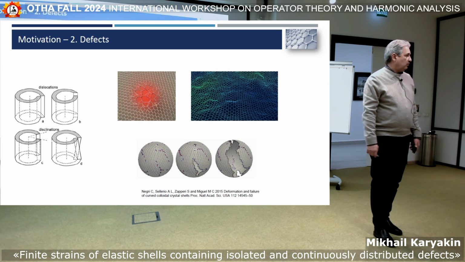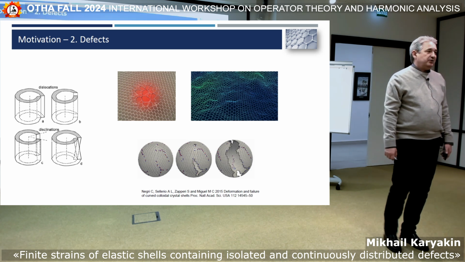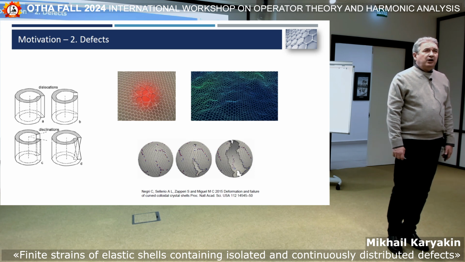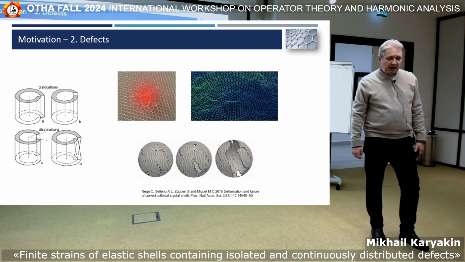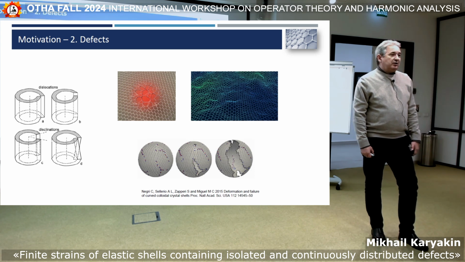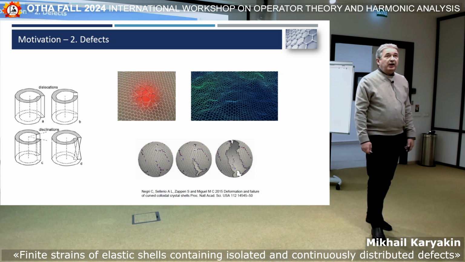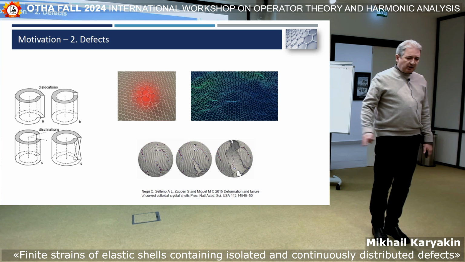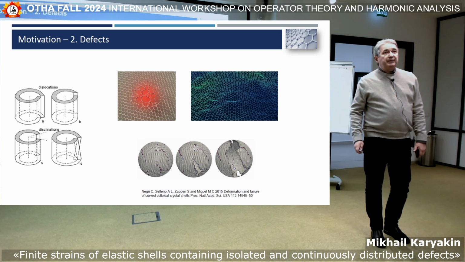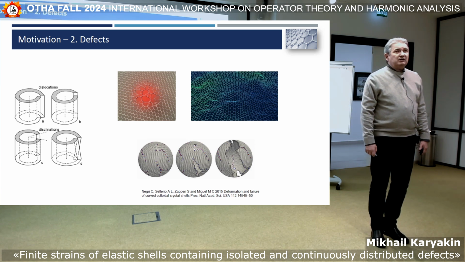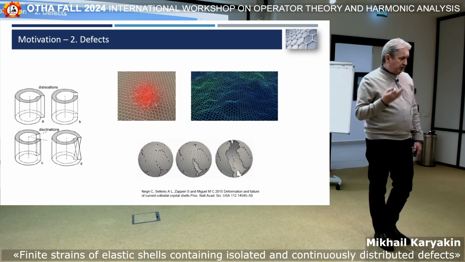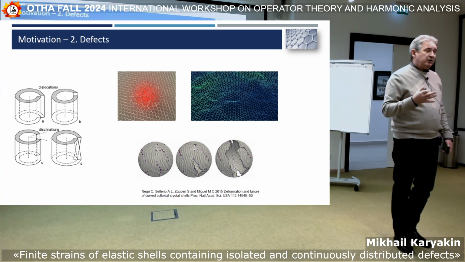Next, the keyword in my presentation is defects. Here is a short introduction into the crystal defect theory. First, physical; I will say about mathematics a bit later. You see several examples that were imaginary, of course. Consider a cylinder.